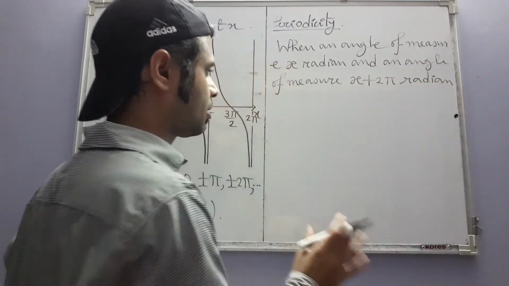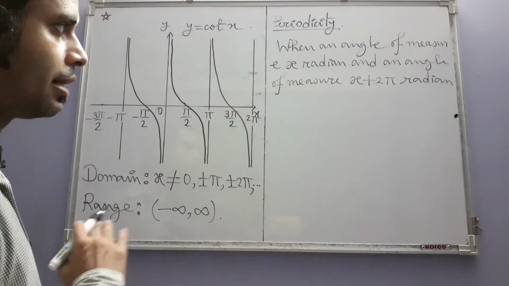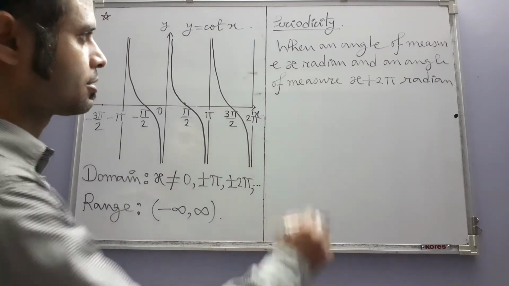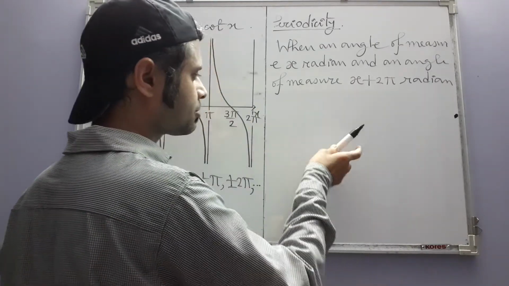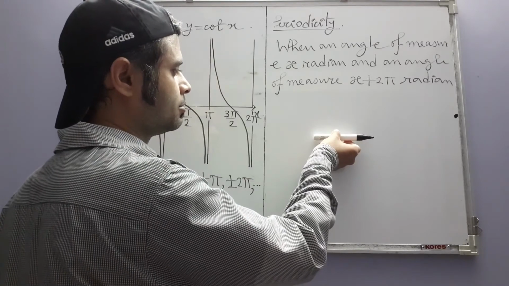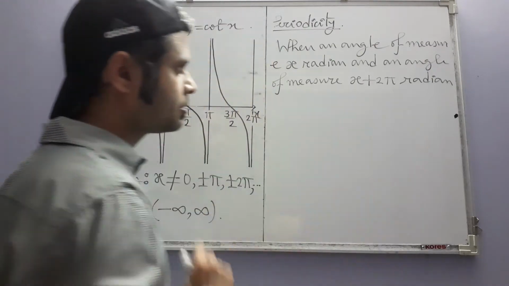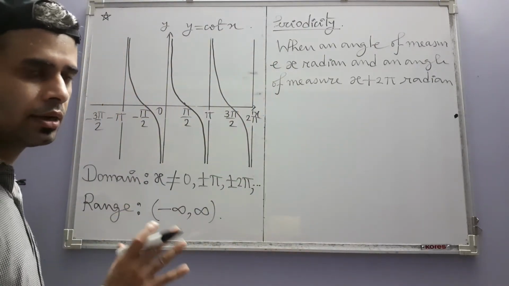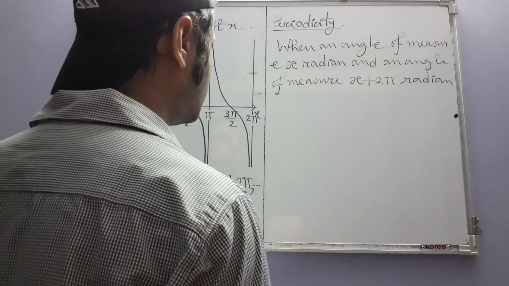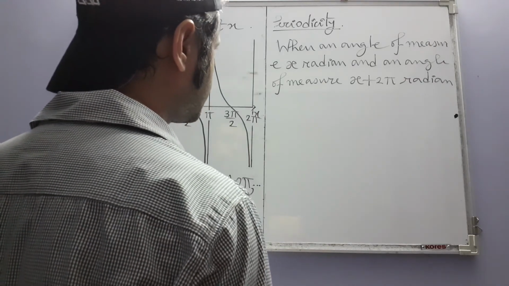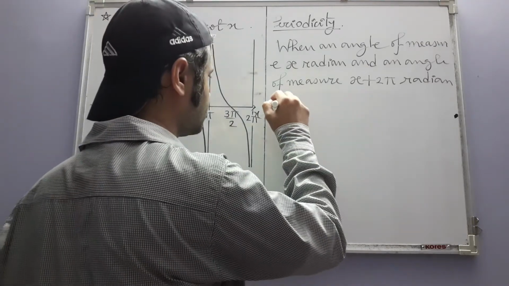radian are put in their standard position, then their terminal rays of course coincide, because whatever x is, say x is this much, x plus 2 pi will then be like this, 2 pi plus x. So the terminal rays coincide when you put the angles in their standard position.